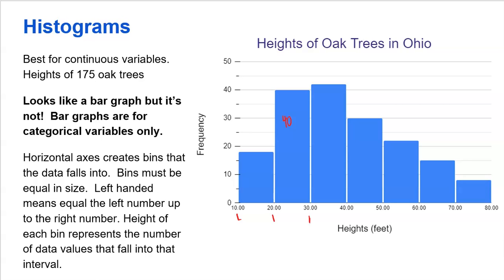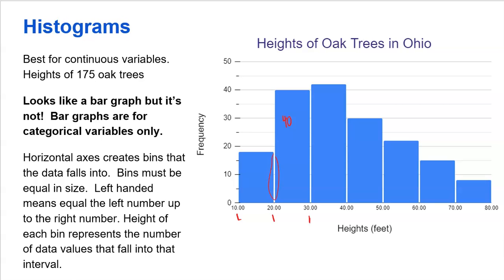Now, I know I made this in Google Sheets, and there really should be no gap because where 19.99999 stops, 20 picks up. So there really should not be a gap here, but I tried everything I could, and Google Sheets just puts that gap there. I wish they didn't. I get so angry that they do. But again, whatever bin size you decide to go with, you've got to stay consistent.